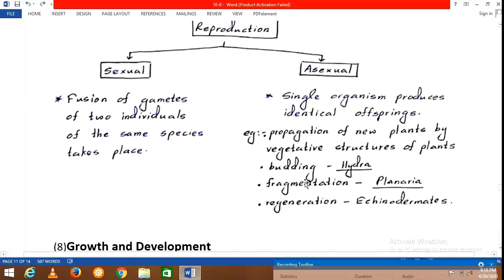Then budding takes place in hydra, and fragmentation takes place in planaria. That means the body is broken into several fragments. Then regeneration happens in echinoderms like starfish.